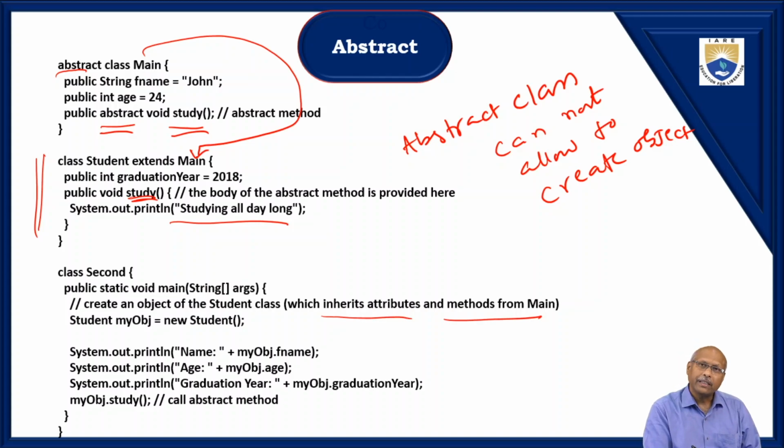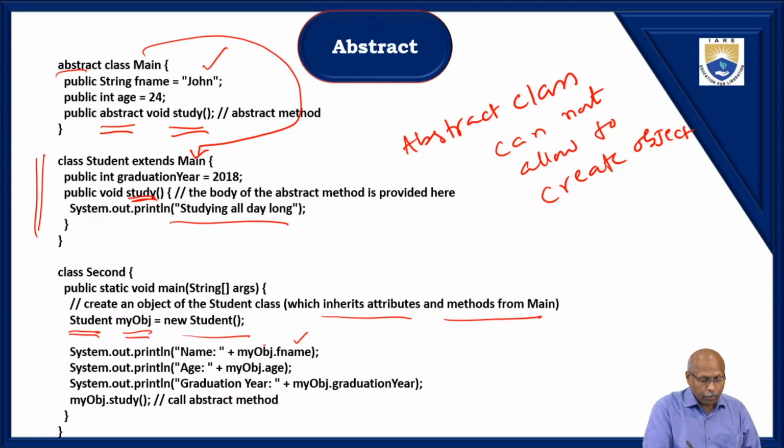Now once the method is overridden, then I can create an instance of the child class. Student is my class. My obj is the object equal to new student. That means automatically my object is ready. There I am calling obj dot f name. What is that f name? Already in the main method I wrote Johan.